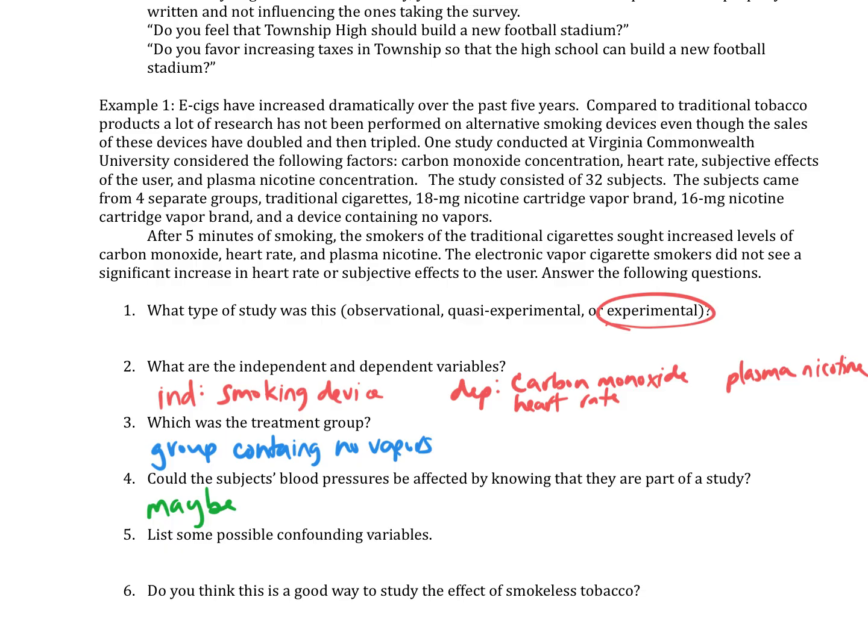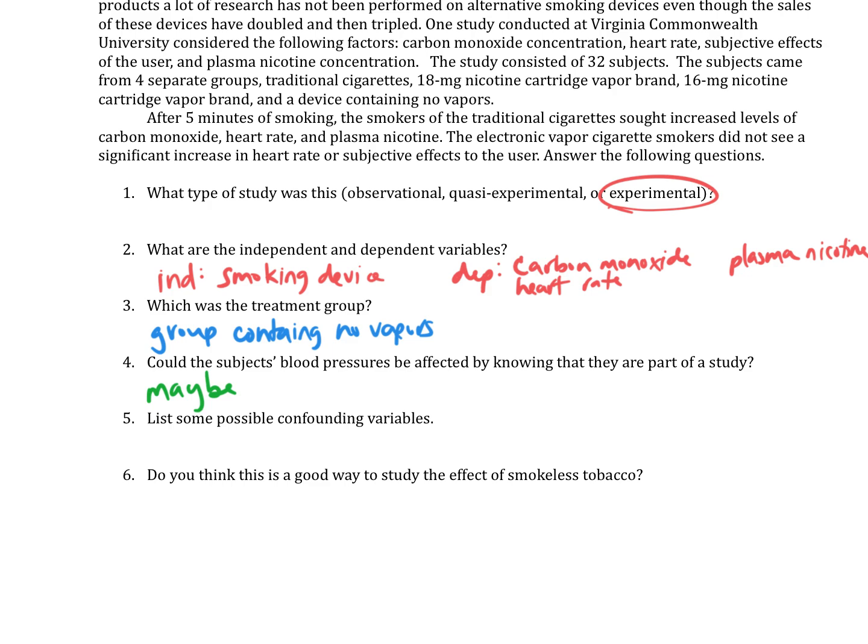List some possible confounding variables. There's several. Heart issues. Okay, previous health factors. What else? If they have done it before, I guess, if their body's used to it. I'd say that probably can go ahead and go under previous health. There's two very obvious ones that are always affecting it. Age is one of them.